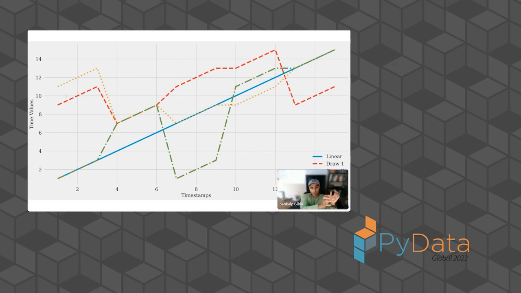This is our very first block. Second draw, we draw 7, 8, and 9, and so on. I'm following the red curve here. And then we basically stitch them together in the order in which they're drawn. So this is block bootstrapping. This is moving block bootstrapping. And then we have two similar draws.